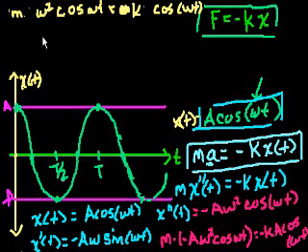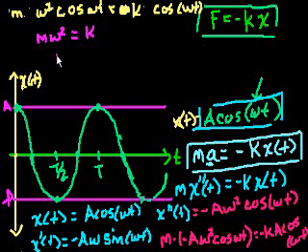So we have m omega squared cosine of omega t is equal to k cosine of omega t. This equation holds true if what is true? It holds true if m omega squared is equal to k.